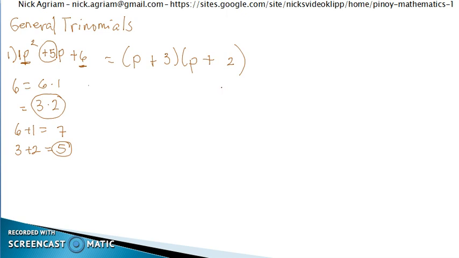It can happen that both of them are negative, but you should have it this way.